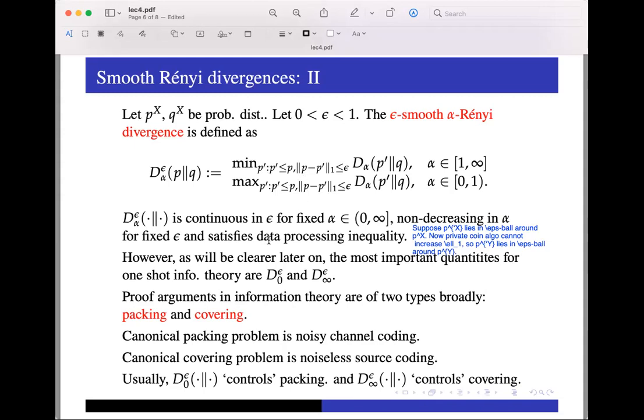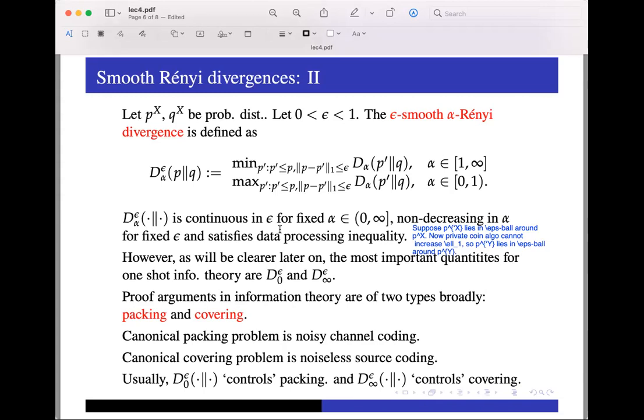And finally, d epsilon alpha satisfies the data processing inequality. There is one point which you have to note here. The rest of it is very simple. So we know that d alpha satisfies the data processing inequality. We saw that a few slides earlier. Great. Now, let us say I fix an alpha. I am about to look at the private coin definition of the data processing inequality.